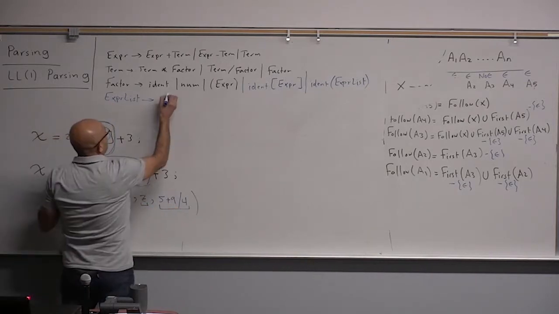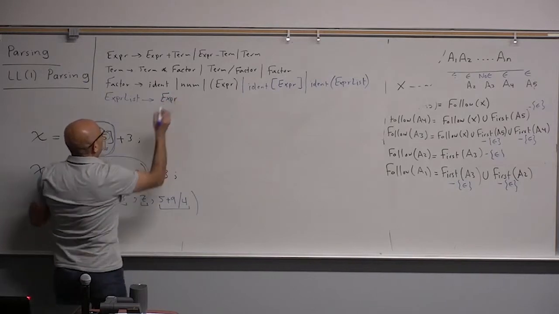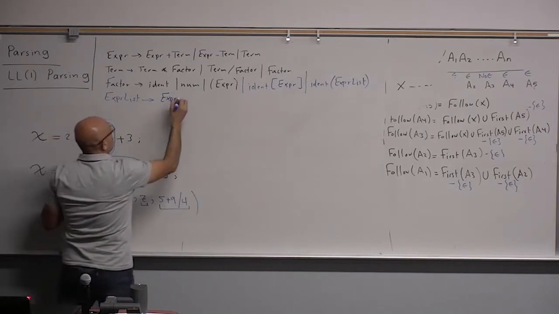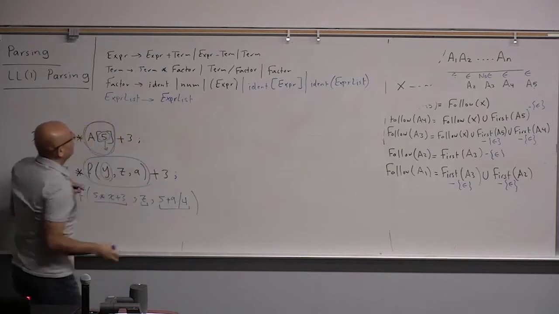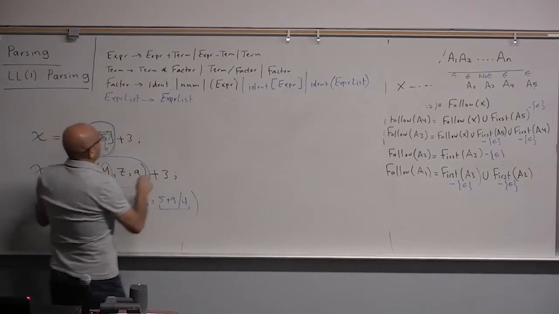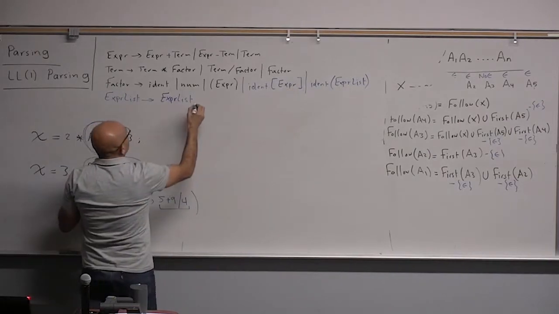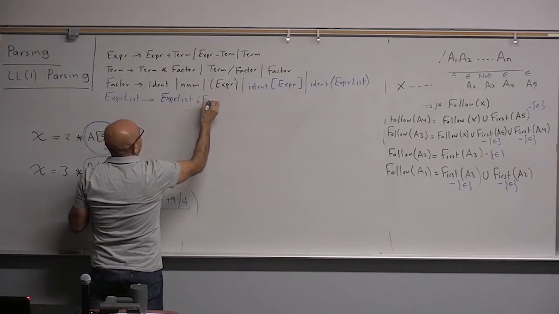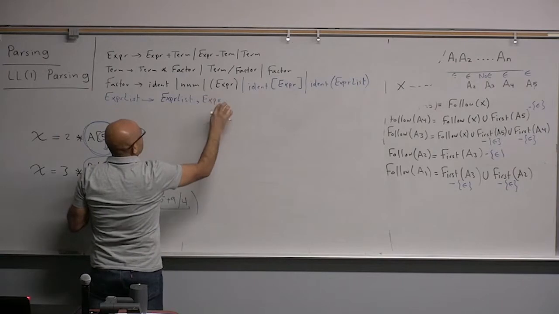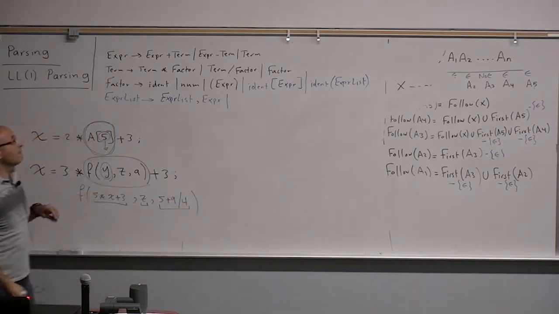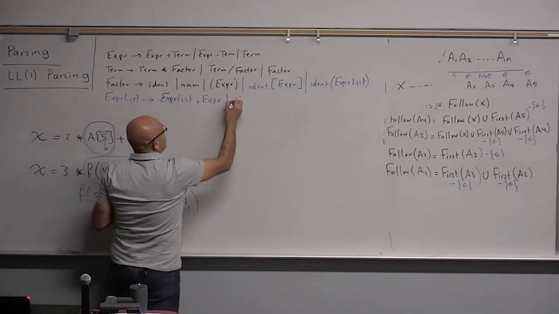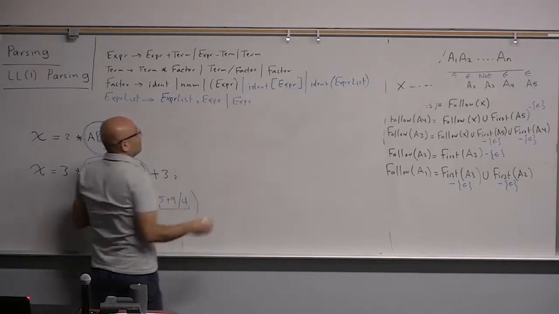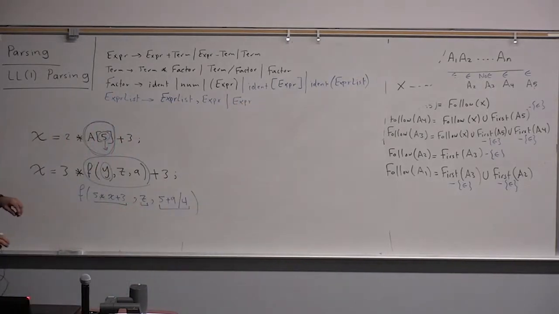We can use left recursion and then eliminate it. So it's expression list, comma, expression, or expression. Of course, this assumes that we should have at least one expression.